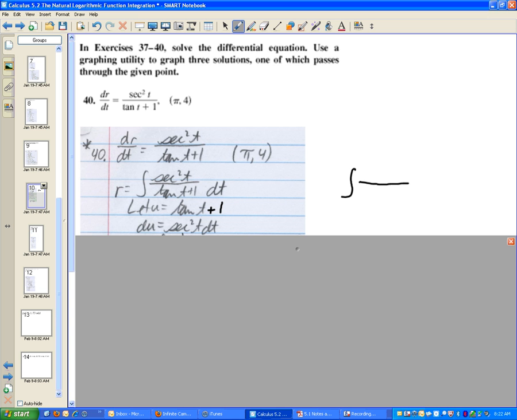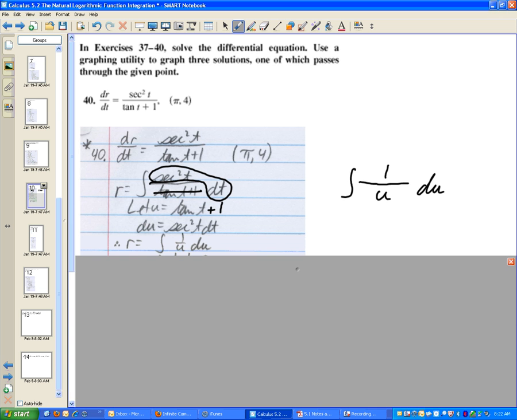I've got that integral. The tangent of t plus 1, I can replace with u. And then secant squared t dt, I can replace with du. What's over my u then? A 1, because multiplying by 1 never changes it, so don't leave it blank. It's a 1.